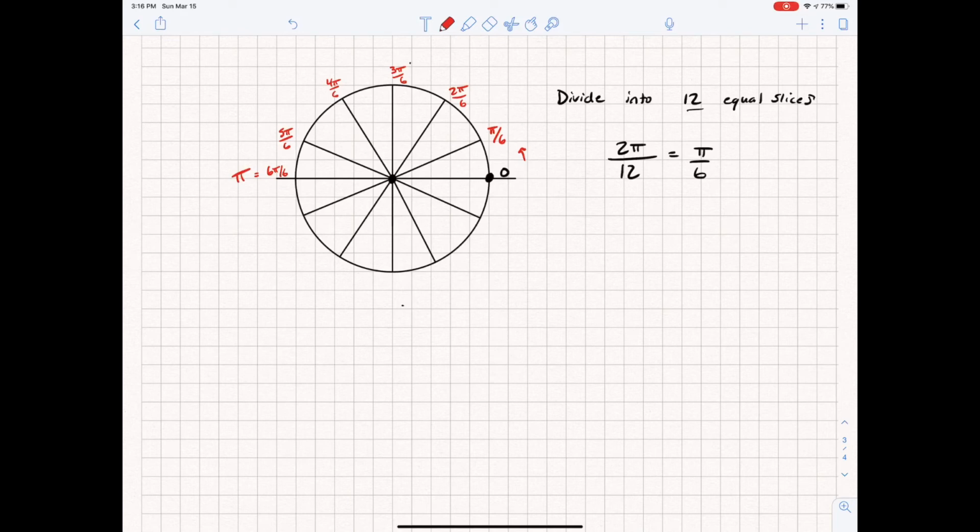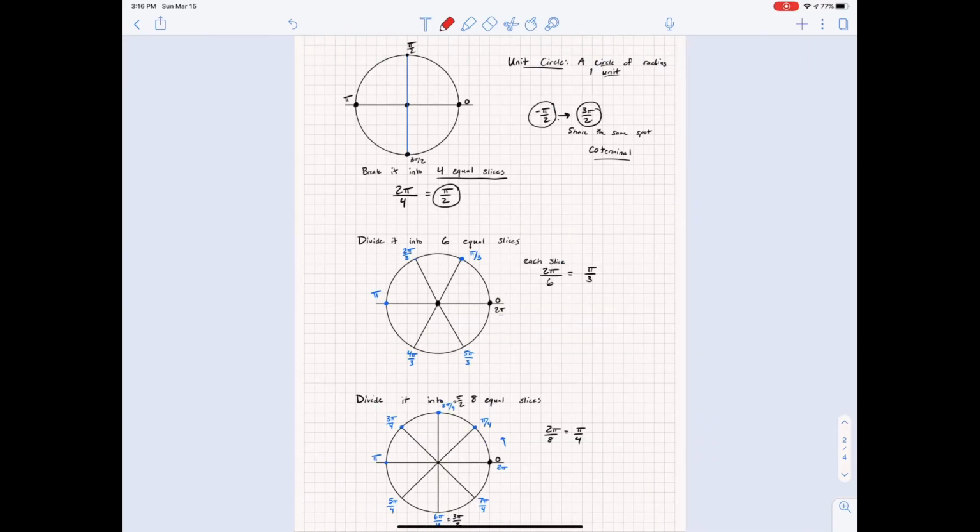But if I was to continue counting, another pi over 6 would give me 7 out of 6, 8 out of 6, 9 pi over 6, 10 pi over 6, 11 pi over 6, and 2 pi, which is 12 pi over 6 when I made it all the way around.